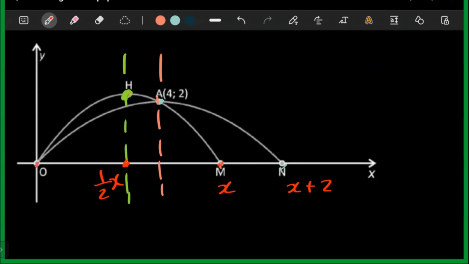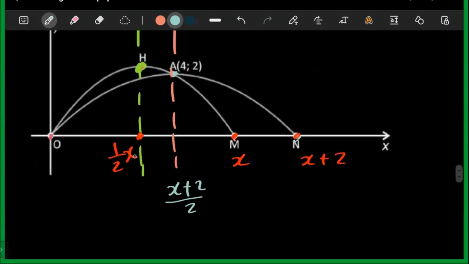The key thing is when you work with stuff in your maths, always try and use the same variable, and then you'll be good. So if this is x plus 2, it means that in the middle of N here, you have x plus 2 divided by 2. So you now have an expression for each x value, here, here, here, and here. We chose to make this x first because, I mean, we can, you see?